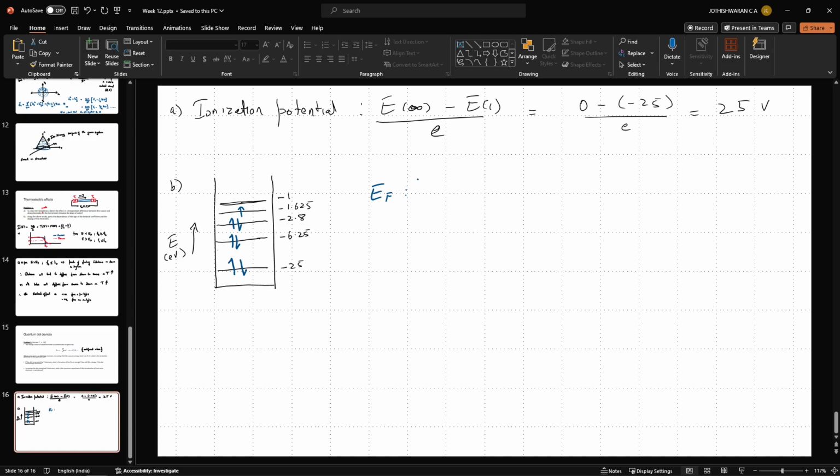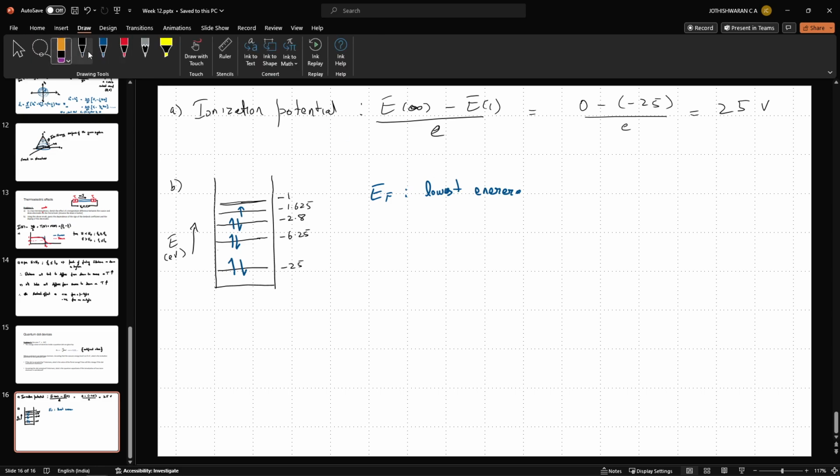So the Fermi level is the lowest energy a new incoming electron may possess.